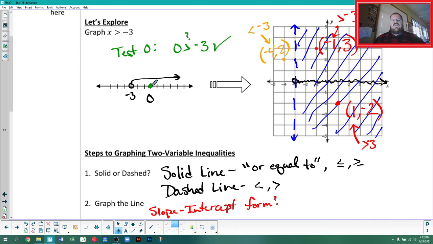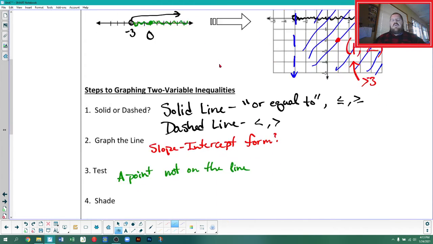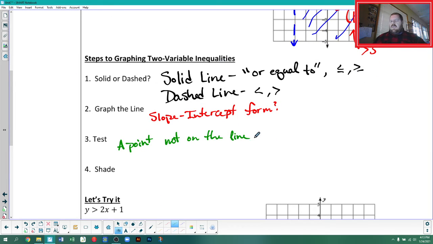So we shade the side that 0 was on, and we said anything on 0's side of -3 worked, so we shaded all that stuff. We're going to do the same thing, but with 2 variables. With 2 variables, we need to plug in an x and a y coordinate and see if we get a true or a false statement.